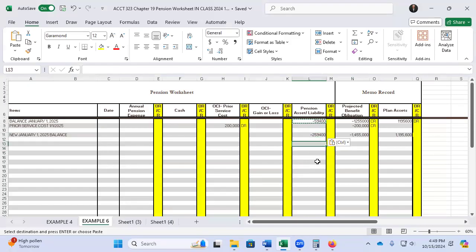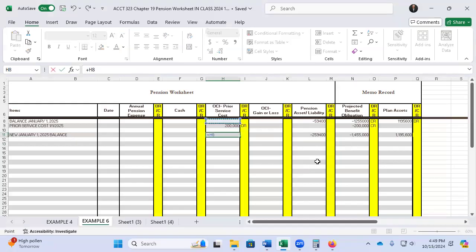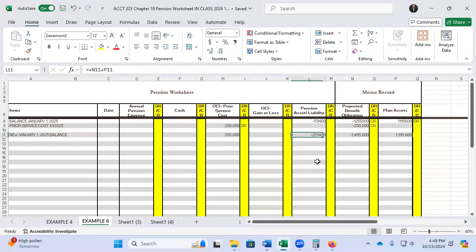And so now we have an obligation of... it says to leave it at 59,000, but that doesn't sound right.